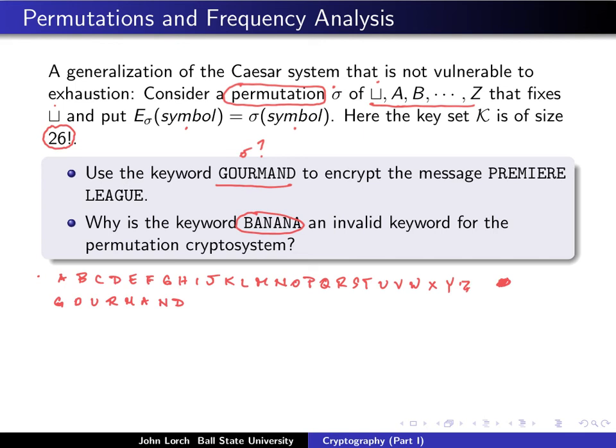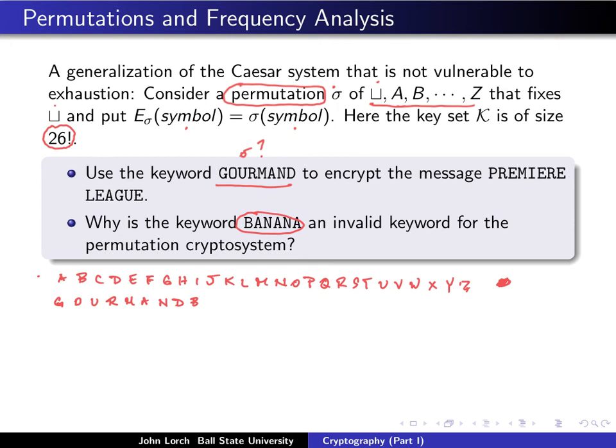Well, we need to figure out where I gets sent. So I is going to get sent to the first letter that does not appear in gourmand. So that would be the letter B. J now will be assigned to the next letter that is not already used.